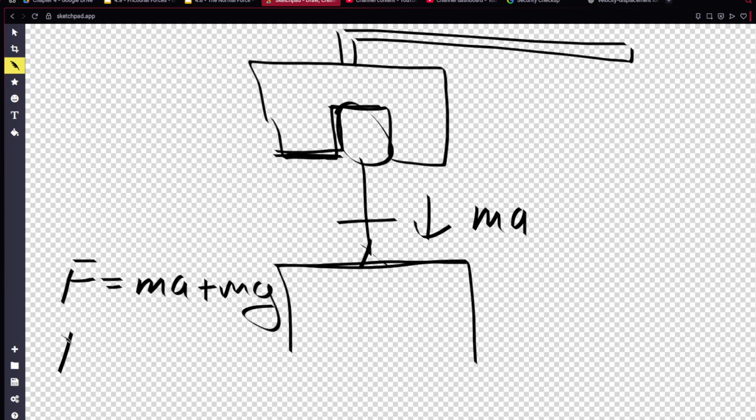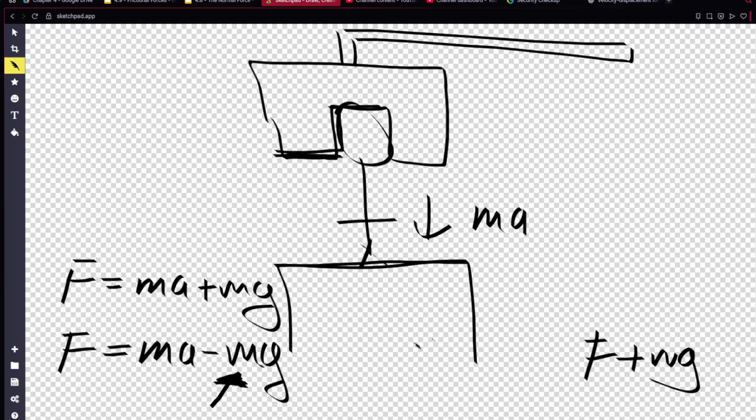So the normal force is being exerted, and we can write this as ma minus the magnitude of mg, but it's still the exact same thing. You're just taking off the force, so F plus negative ma.